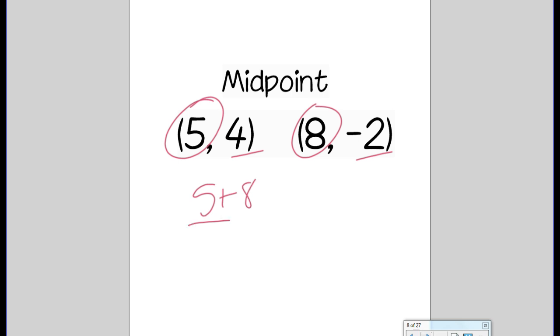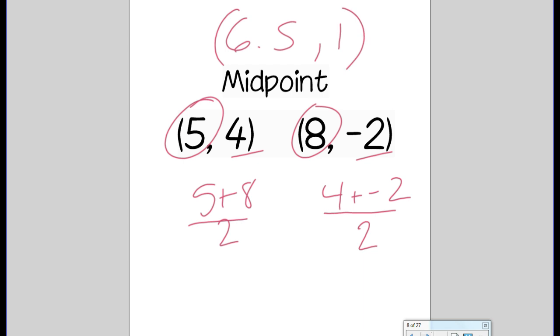Add your x's and divide by 2. Add your y's and divide by 2. 13 divided by 2, good. 6.5. Let's see. 2 divided by 2. What's 2 divided by 2? 1. So the answer was 6.5, comma, 1.